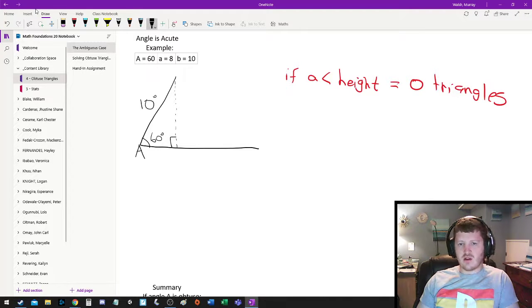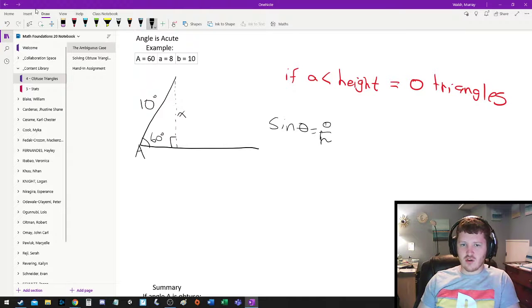Well, this height is always defined as the right angle from the bottom of the triangle. This triangle here is a right triangle. So if we call this height x, we can use our trigonometric SOHCAHTOA to solve this.